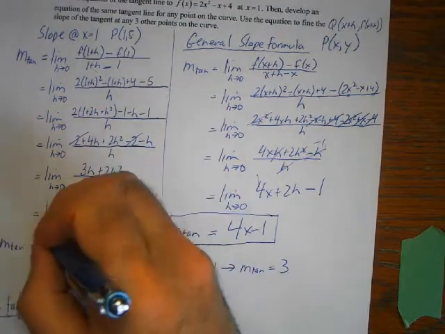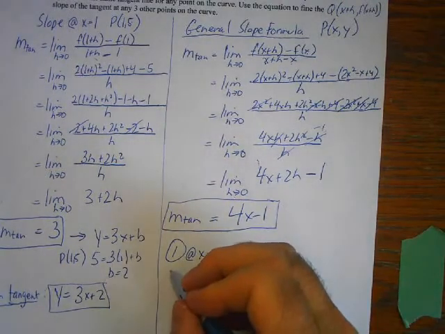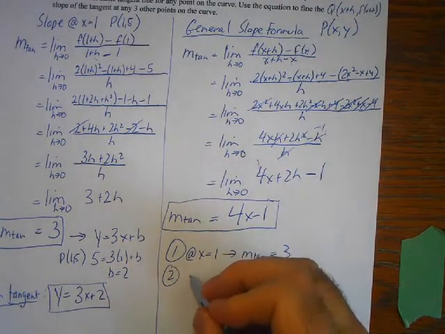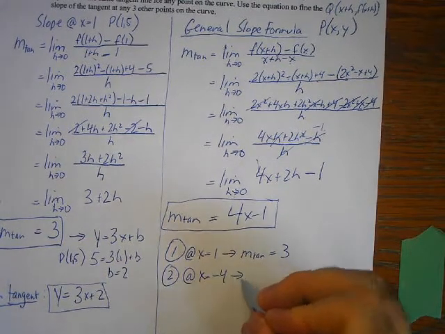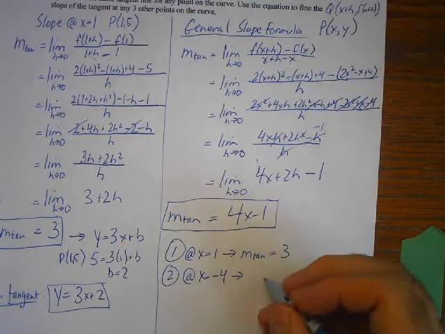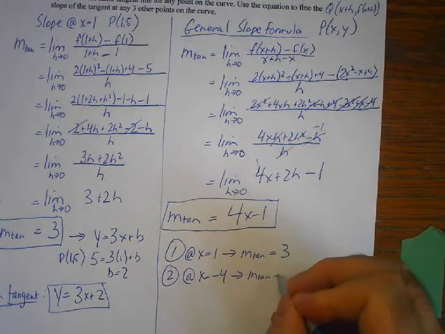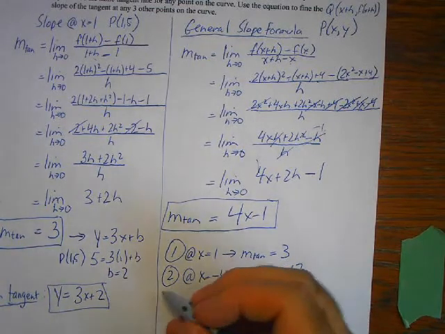Okay, so let's try for other points. Let's do x equals negative 4. I plug negative 4 in here, I get negative 16 minus 1. I get the slope of that tangent is negative 17. That means the tangent is going down to the right, which makes sense because it's on the left side of probably the vertex. Let's try another point. How about x equals 0?